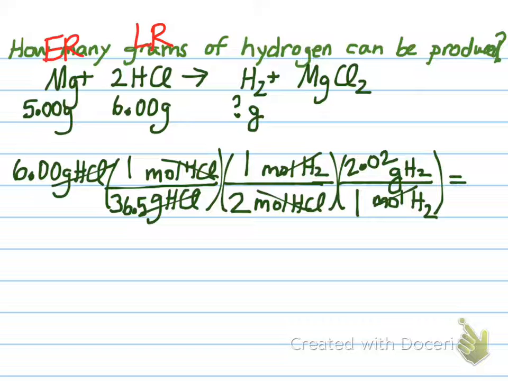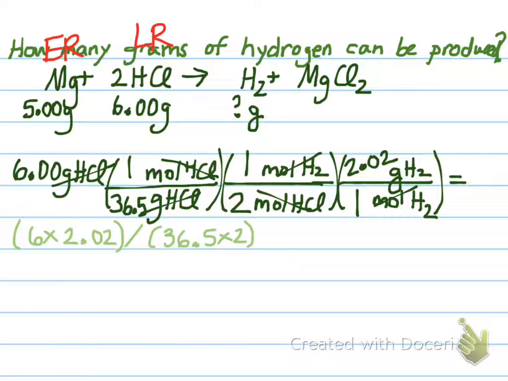So then in my calculator, I'm going to do 6 times 2.02. I'm going to divide that, and I'm going to need parentheses, by 36.5 times 2. So 6 times 2.02 divided by 36.5 times 2.